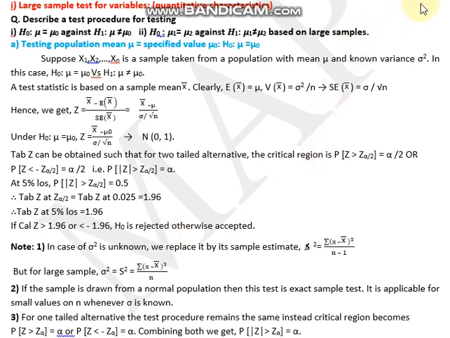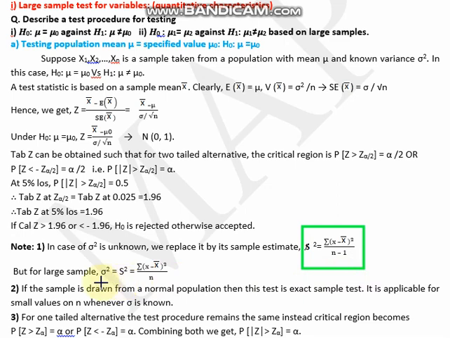Friends, you have to remember a few points in testing of hypothesis as far as large sample test for variable, and particularly mean, is concerned. Suppose sigma square is unknown; in this case we have to replace it by the sample mean square. And what is my sample mean square? The sample mean square value is S square equal to summation x minus x bar square divided by n minus 1.